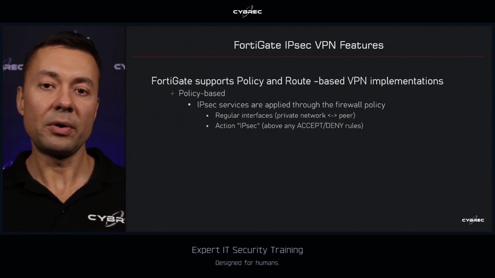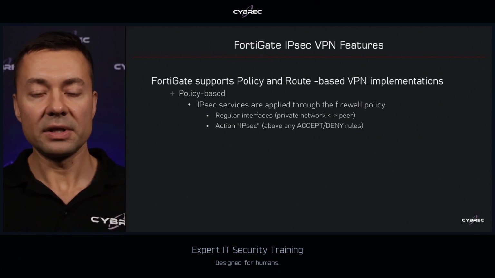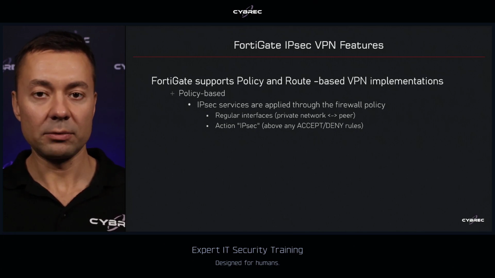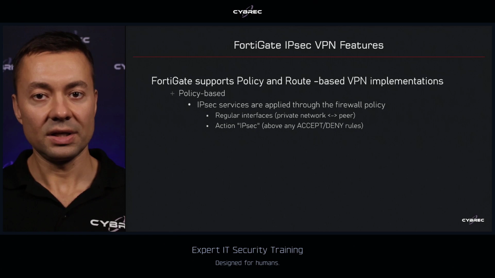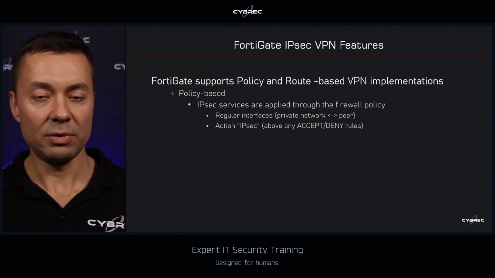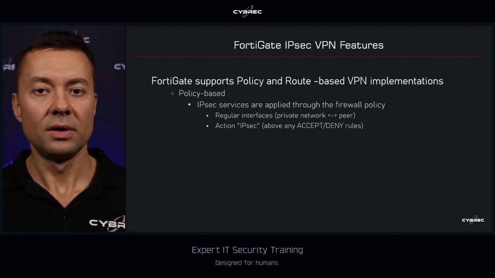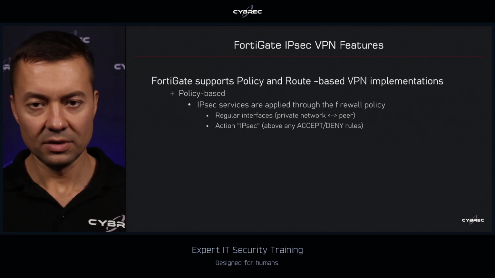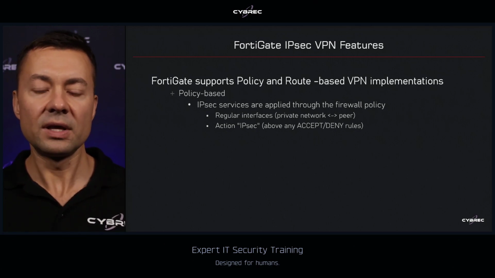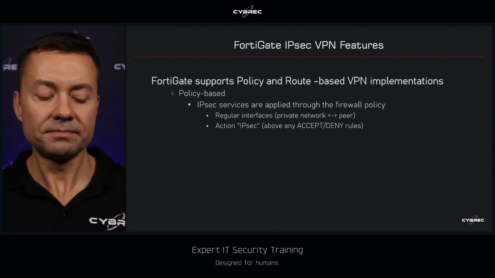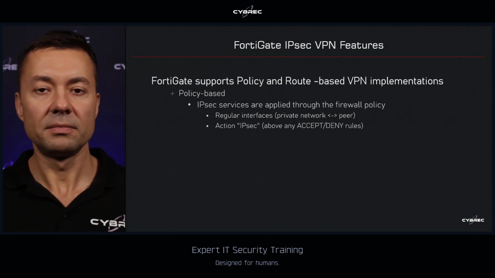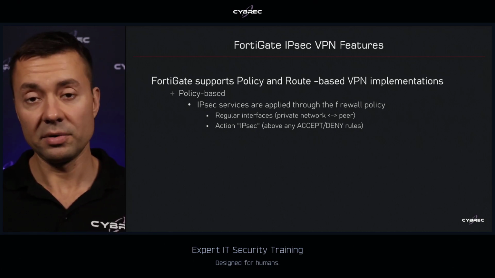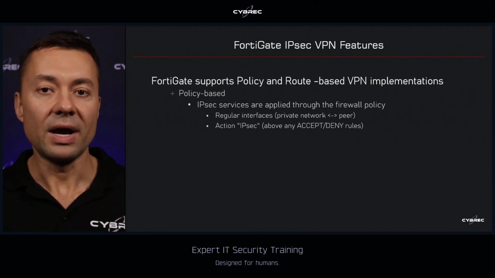So our policy rule, which normally controls communication that the firewall wants to accept or drop, in this case is what tells the firewall what traffic we want to protect with IPsec and what traffic is going to trigger IPsec negotiation.